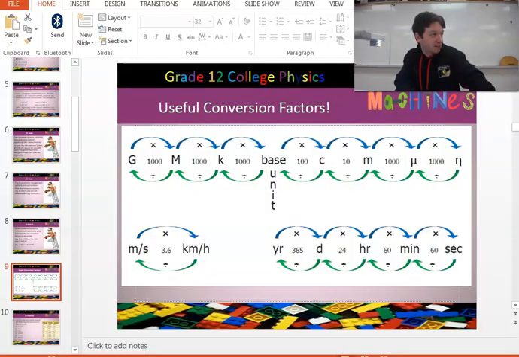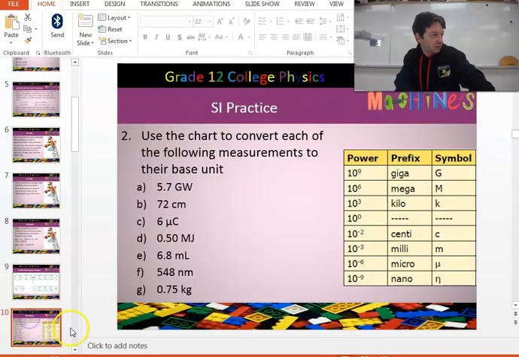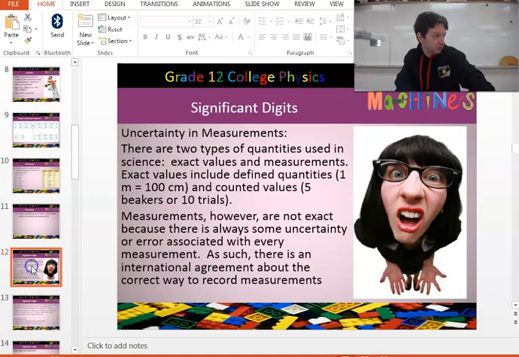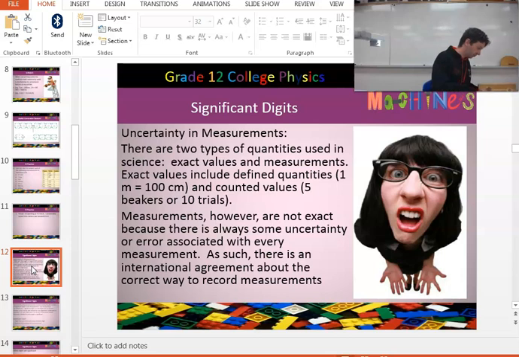Okay, moving on, I'm going to talk about significant digits. So what is significant digits? Well, when we make a measurement on something, say, my meter sticks are gone. All my rulers are gone.